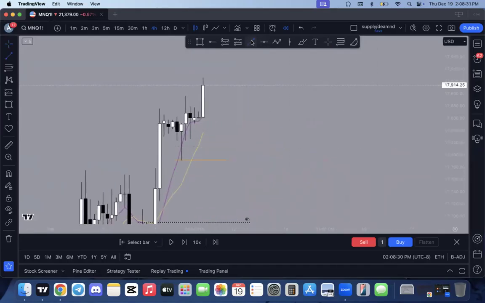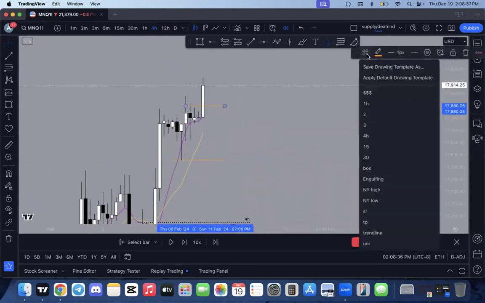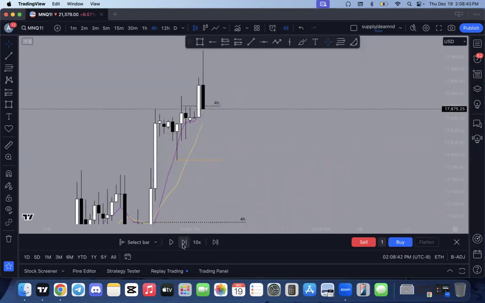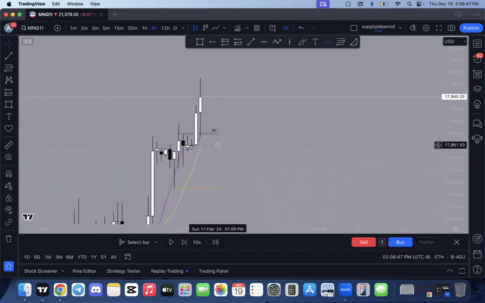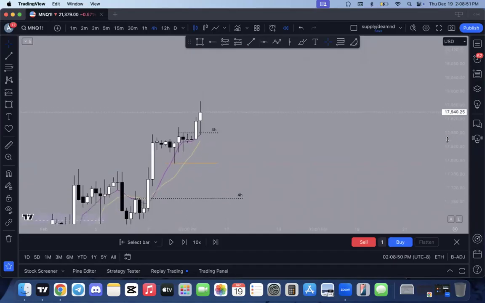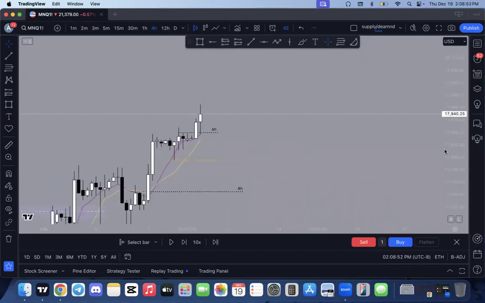Excuse me. We have an order block right here. 4-hour order block. And then let's see if we did create liquidity. We didn't create liquidity, but we got a nasty rejection off of there. So I guess it doesn't necessarily have to have liquidity, but it's a very, very good confluence with this trading plan.